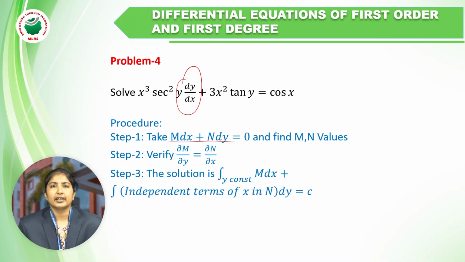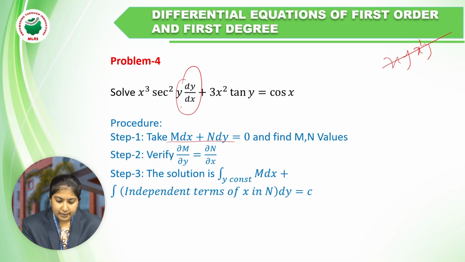And provided it is satisfying the exactness condition, then you can happily find the solution, where for M you are taking y constant and for N you are taking only those terms which should be independent of x, which means it should not consist x, like xy, x square y. These all terms cannot be considered.